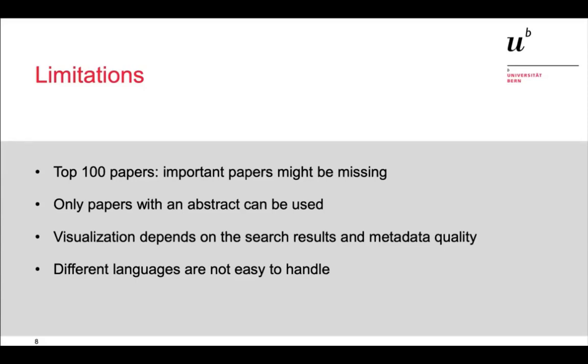But important papers might still be missing due to this restriction. So that's obviously a problem that comes just with the limitation to a useful amount of information. In addition, only papers with an abstract can be used. Otherwise, Open Knowledge Maps does not have enough content for the automatic analysis.